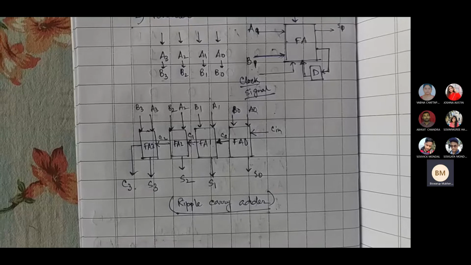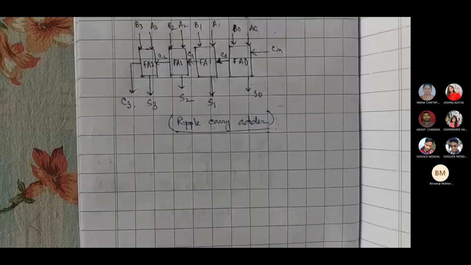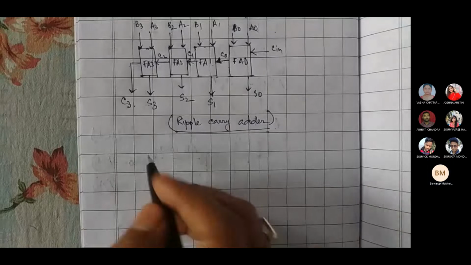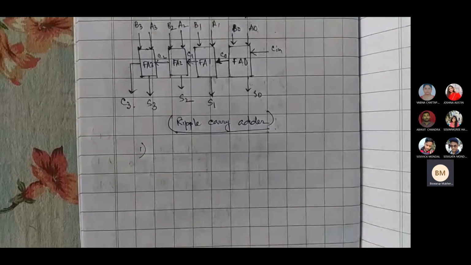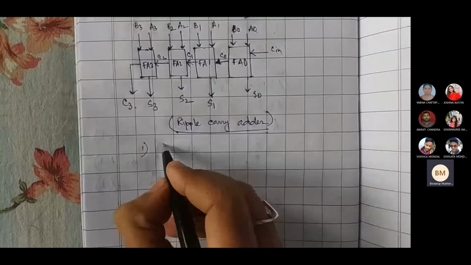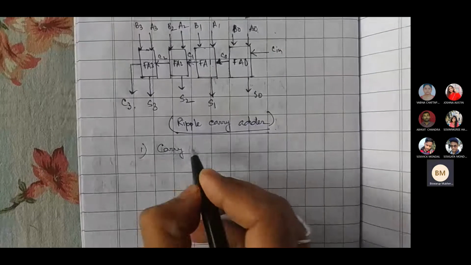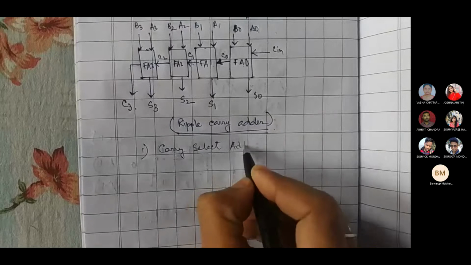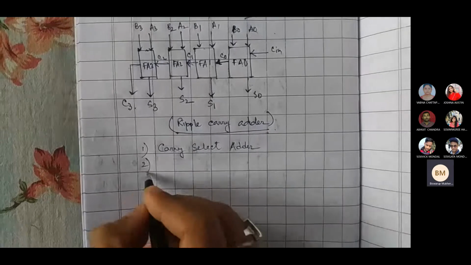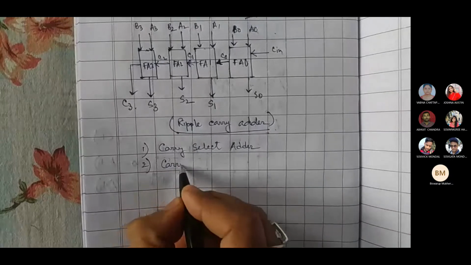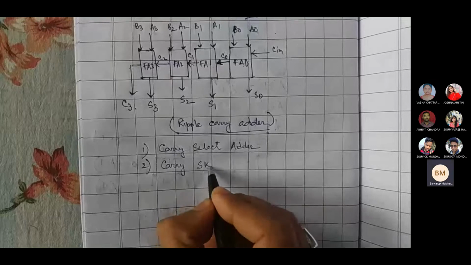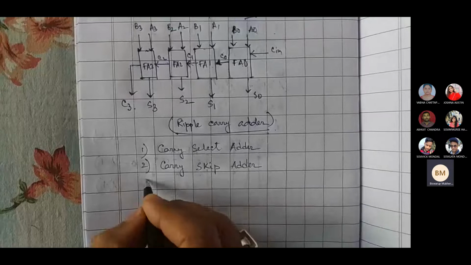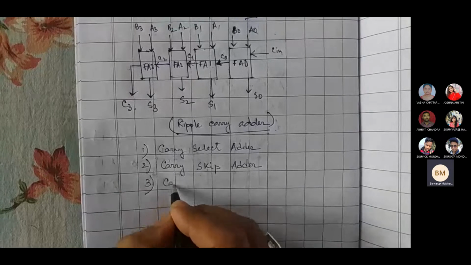So for that, there are a few fast adder circuit principles which have been proposed. And those fast adder circuits are generally: number 1, carry select adder; number 2, carry skip adder; number 3, carry look ahead adder.